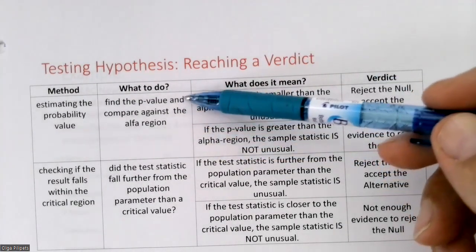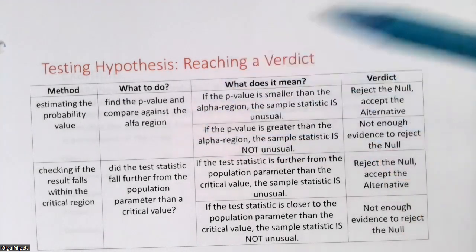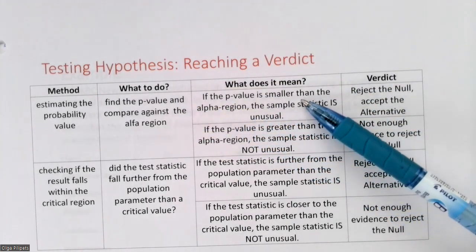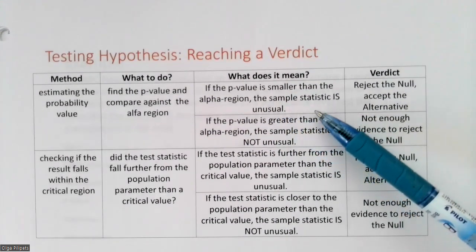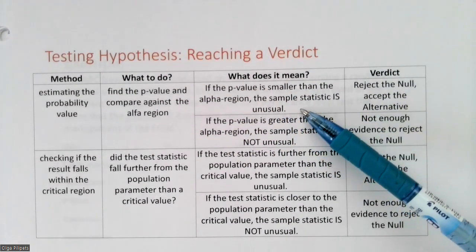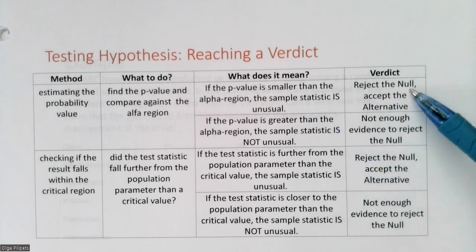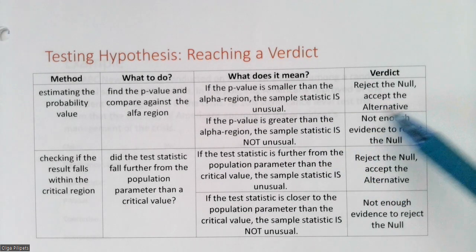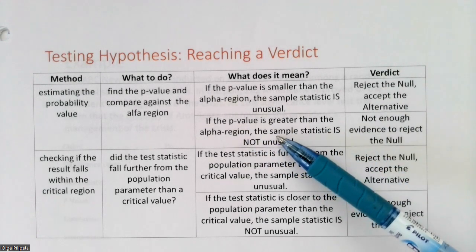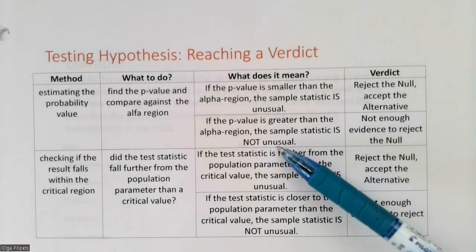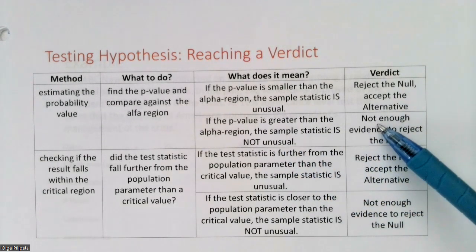So we compare a p-value against the alpha region, and if the p-value is smaller than the alpha region, the sample statistic is unusual, and we're going to reject the null and accept the alternative. If the p-value is greater than the alpha region, the sample statistic is not unusual, and in this case, we didn't get enough evidence to reject the null.